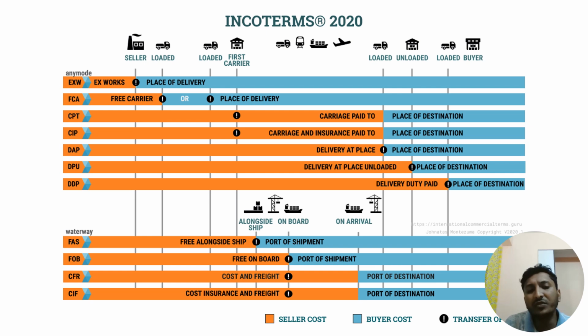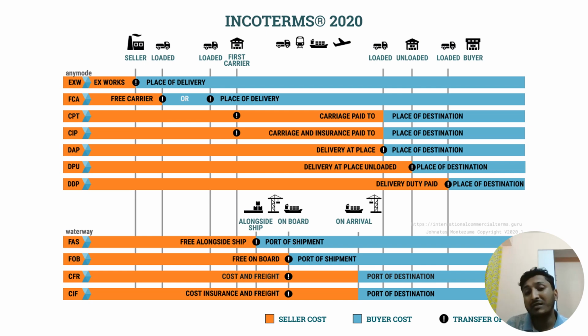And only for waterway we can select FAS, free alongside ship, FOB, free on board, CFR, cost and freight, and CIF, cost insurance and freight. If you look here, you can see how much responsibility is with the seller and how much with the buyer.